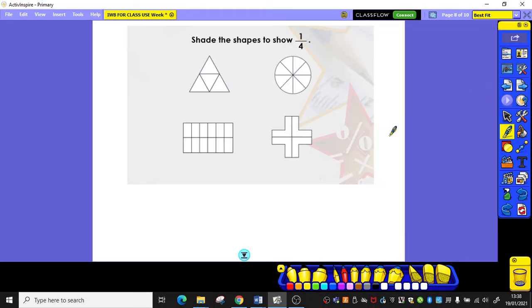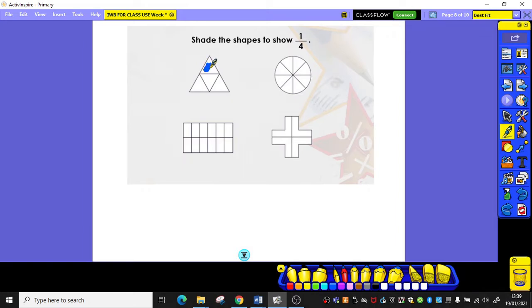Now, as well as thinking about equivalent fractions in bars, you're also going to need to be able to shade shapes today. Now, I would say that the very first shape here, very easy to shade a quarter. What's very difficult for me on this whiteboard is to colour all of this equilateral triangle without coming out of the lines, and you're going to have to spend a long time watching me just colour.